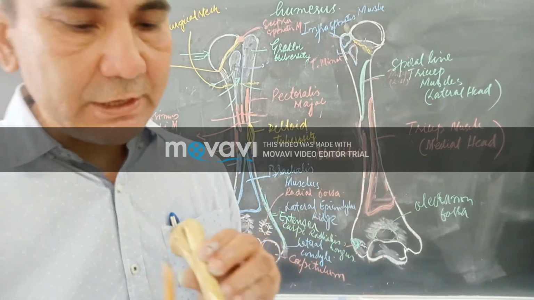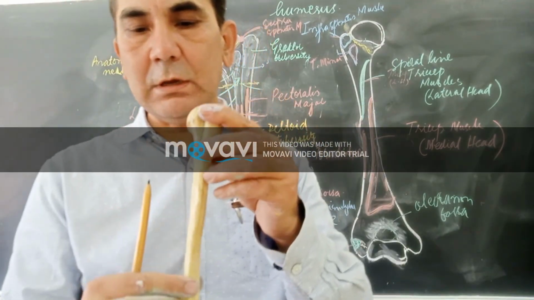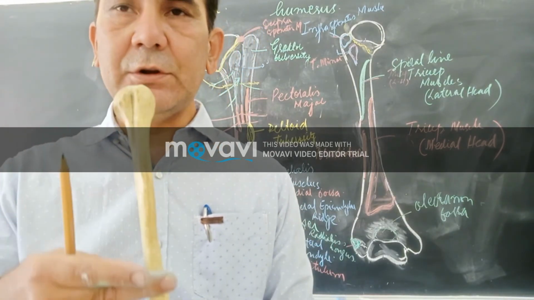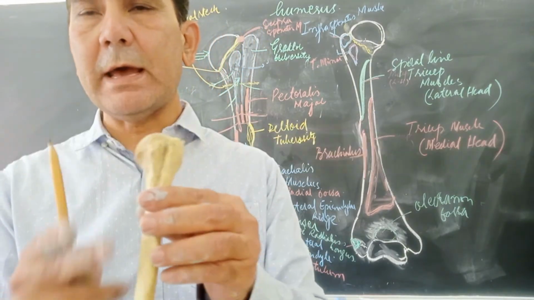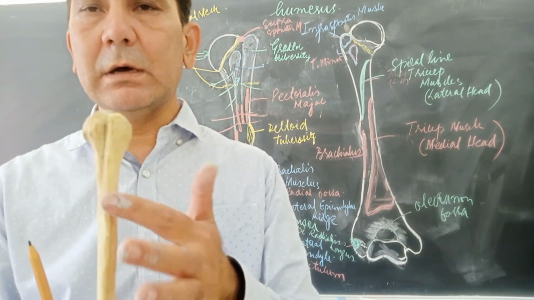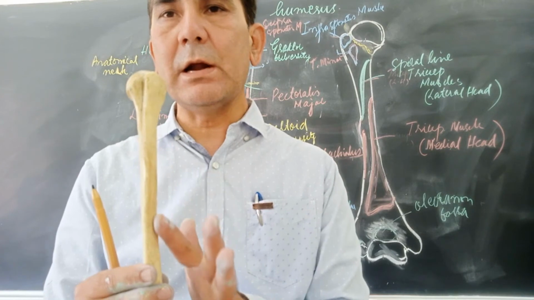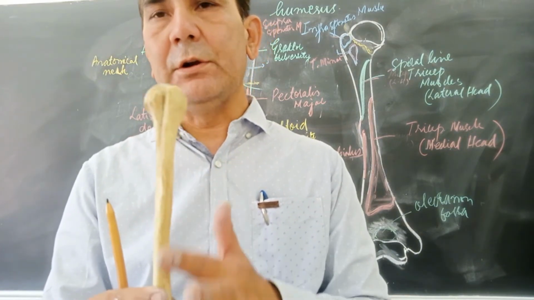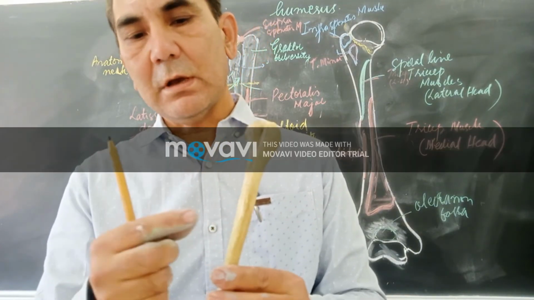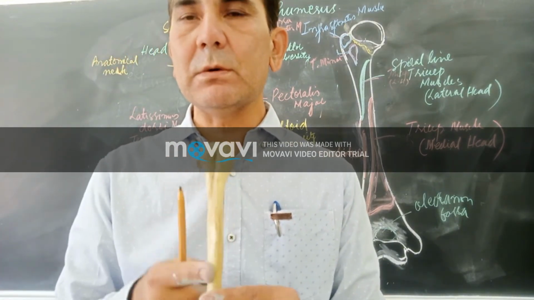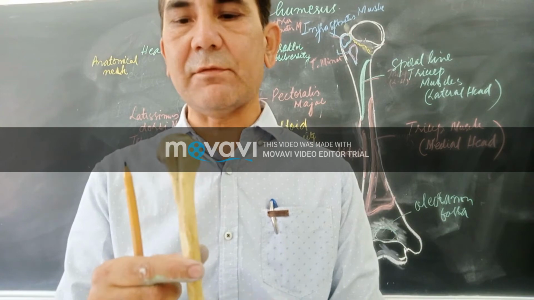Now at the shaft of the humerus, it has three borders: the anterior border, the lateral border, and the medial border. The surface present between the anterior border and the lateral border is called the lateral surface. From the anterior border towards the medial border, this surface is called the medial surface.